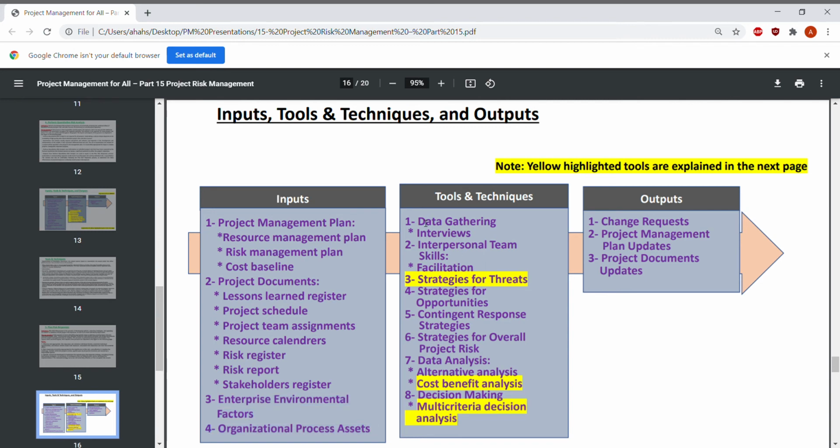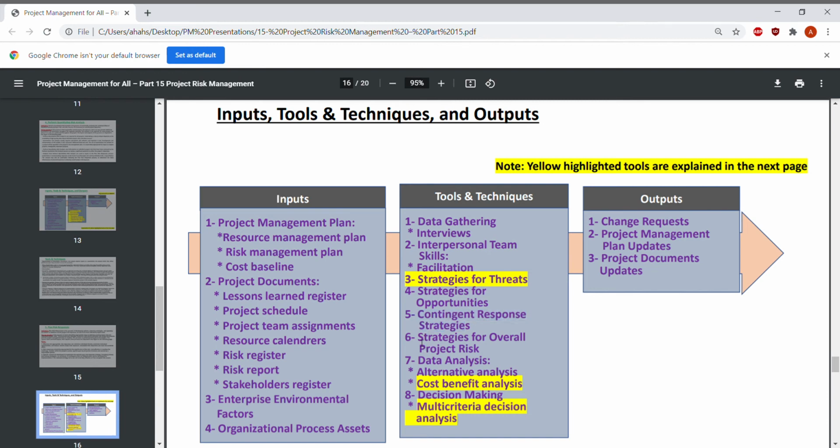The tools and techniques are data gathering, interviews, interpersonal skills, which includes facilitation, and strategies for threats, and also strategies for opportunities. The fifth tool is the contingent response strategies.